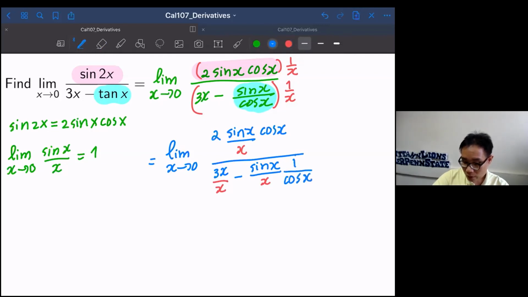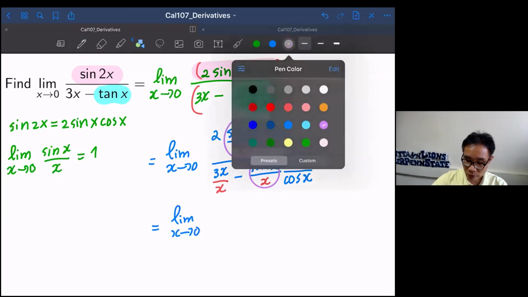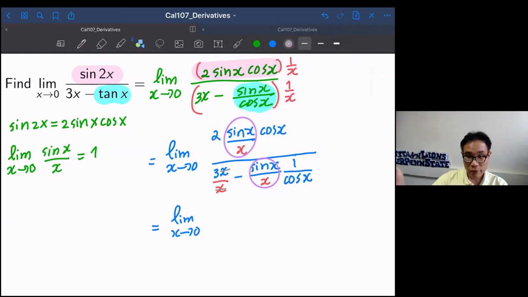You see that it's going to be the limit as x goes to 0, and you have sine x over x, which has limit equal to 1. Sine x over x and sine x over x, and you're also able to get rid of x and x here.